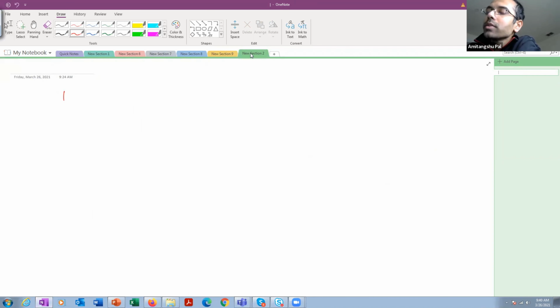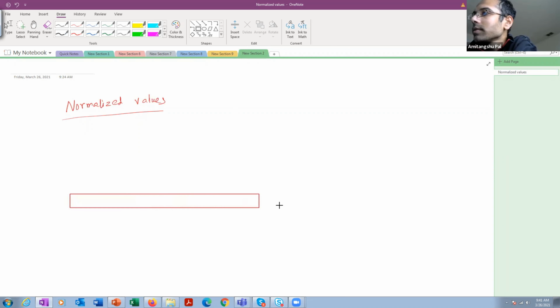Okay. So at this point, we have learned to represent normalized values using IEEE 754 floating point representation, right? So if I give you a 32-bit floating point number, then you need to divide this number into 3 sections.